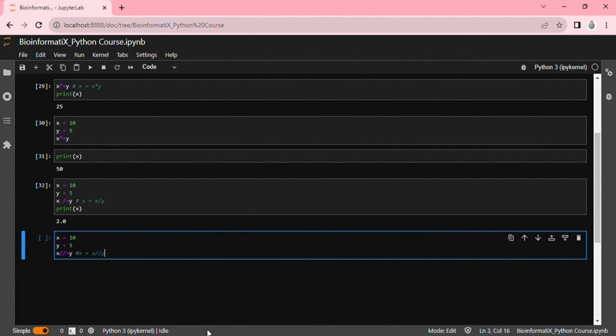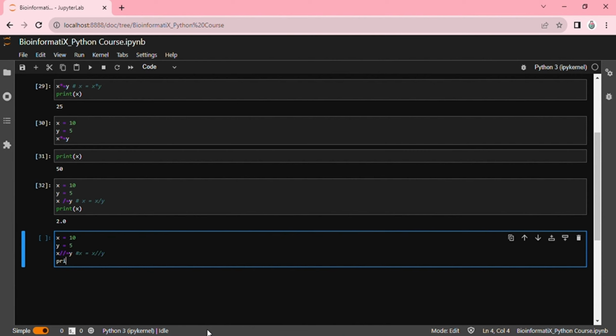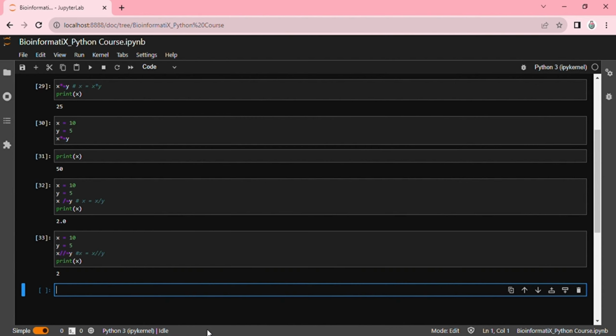In Python, double slash removes the remaining value. So when we print x, we should get the same value of 2. But in this case, we got 2 as an integer, not as a float, which is 2, not 2.0. So in Python, when you divide by 1 slash, you get a float. But when you divide by double slash, you get an integer. In addition, there is no remaining.